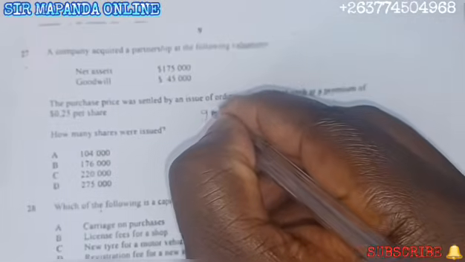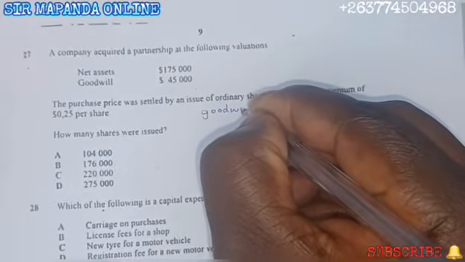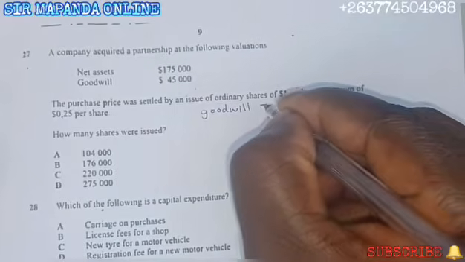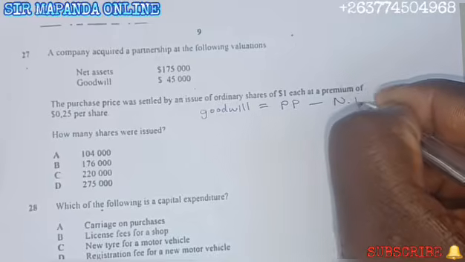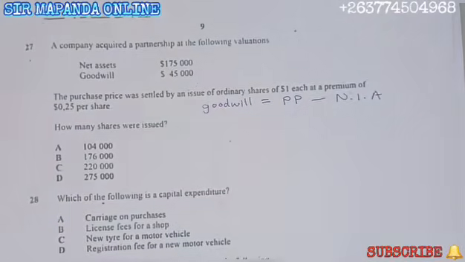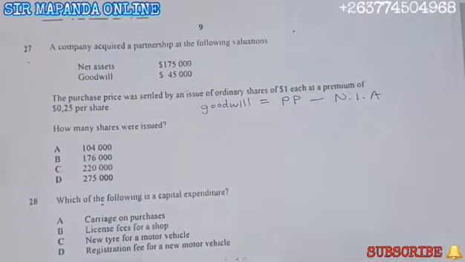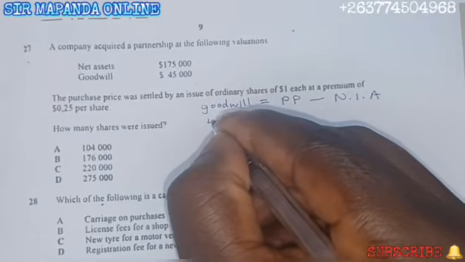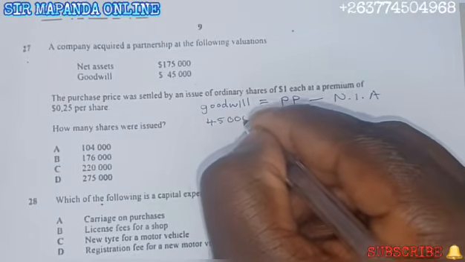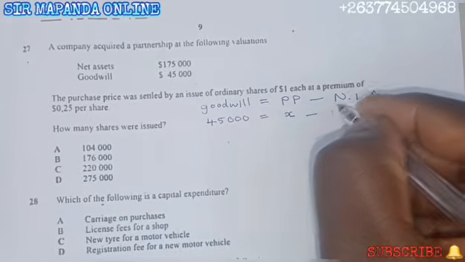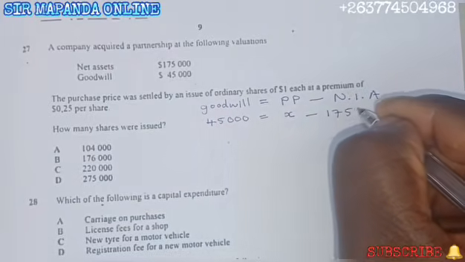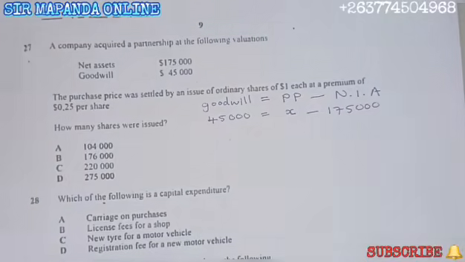We know that the formula is purchased goodwill equals purchase price less net identifiable assets taken over. So I'm going to put 45,000 on the goodwill. Then let the purchase price be X minus net identifiable assets of 175,000.